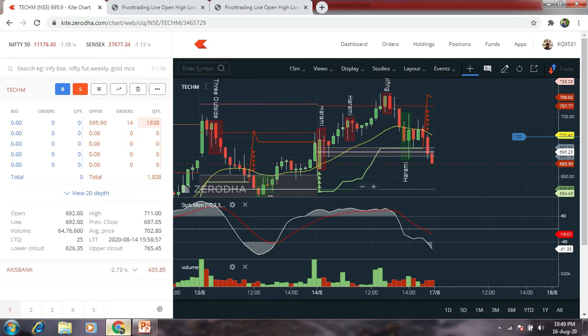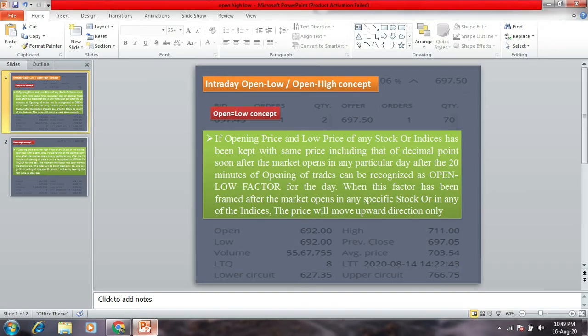After 9:45, if the open price is equal to the low price, you consider this stock as open equals low and you just buy it, going long. Long and buy, both meanings are the same. Short and sell, both meanings are the same. So this is the criteria according to this concept.